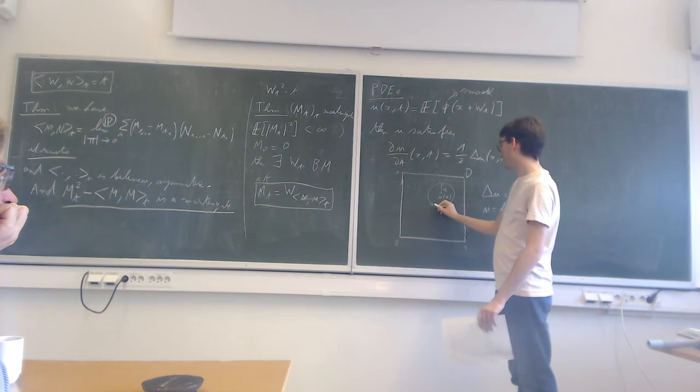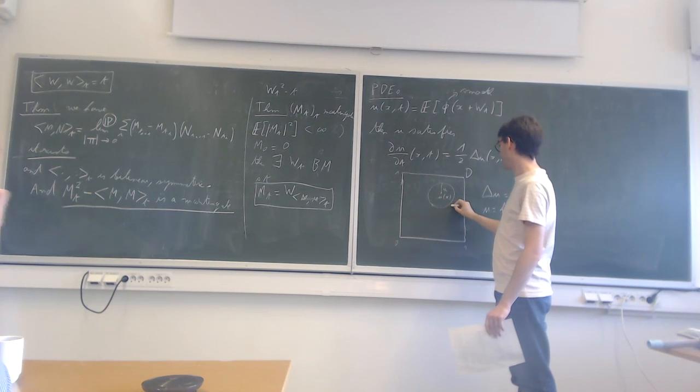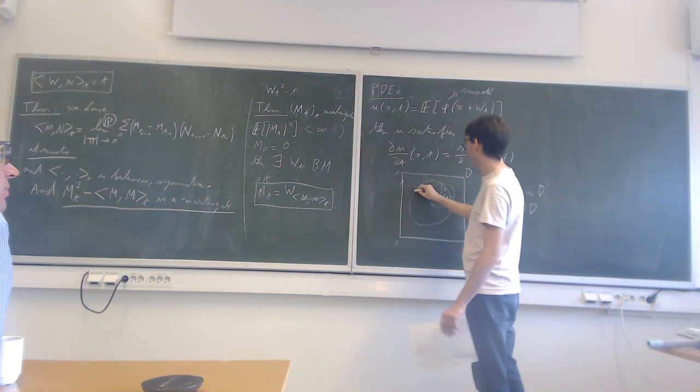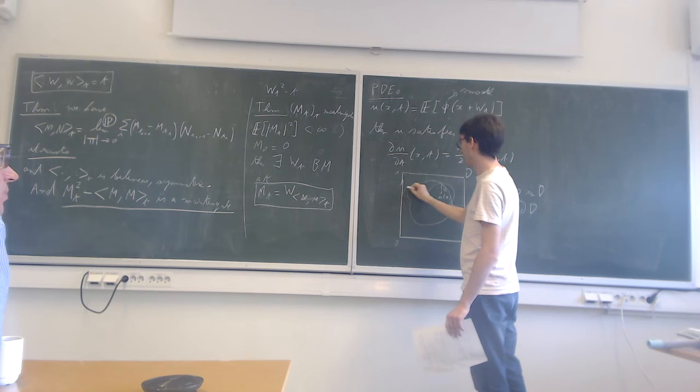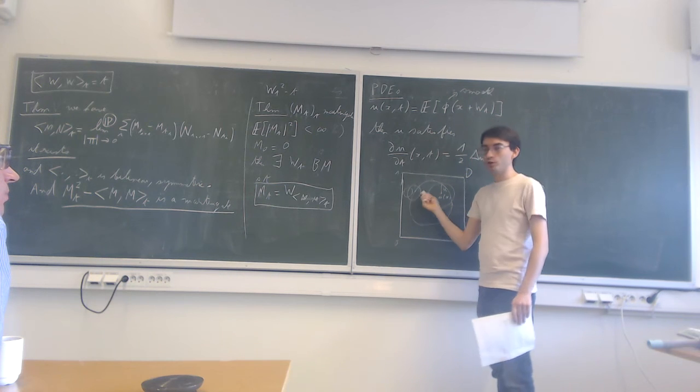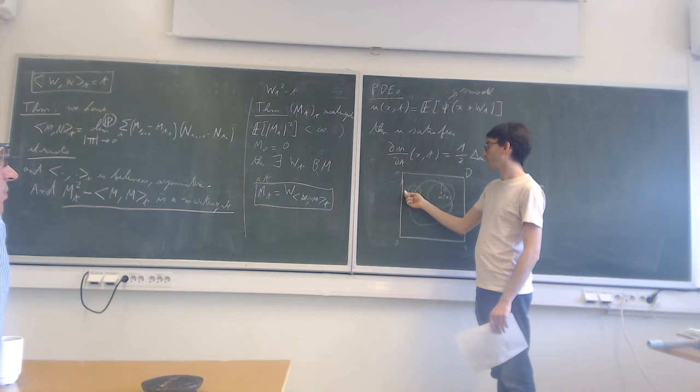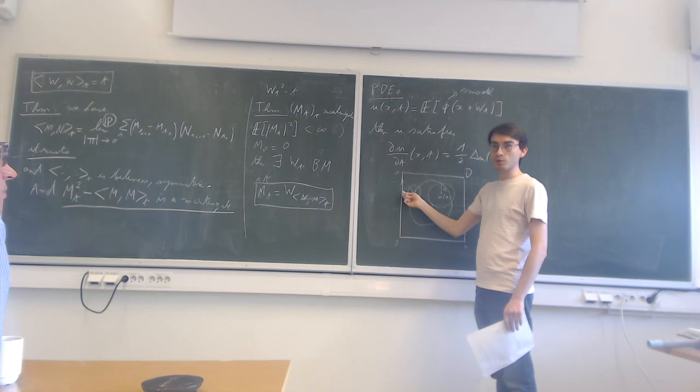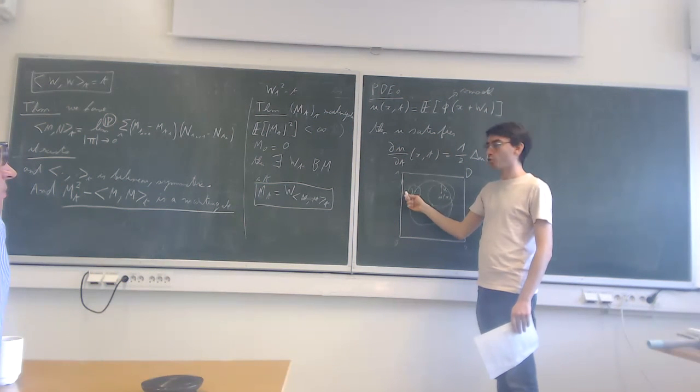Then you do it again. You take this circle, you take randomly this point, then you do it again, and you can prove that at some point it will go very close to the boundary. Then you can just stop.